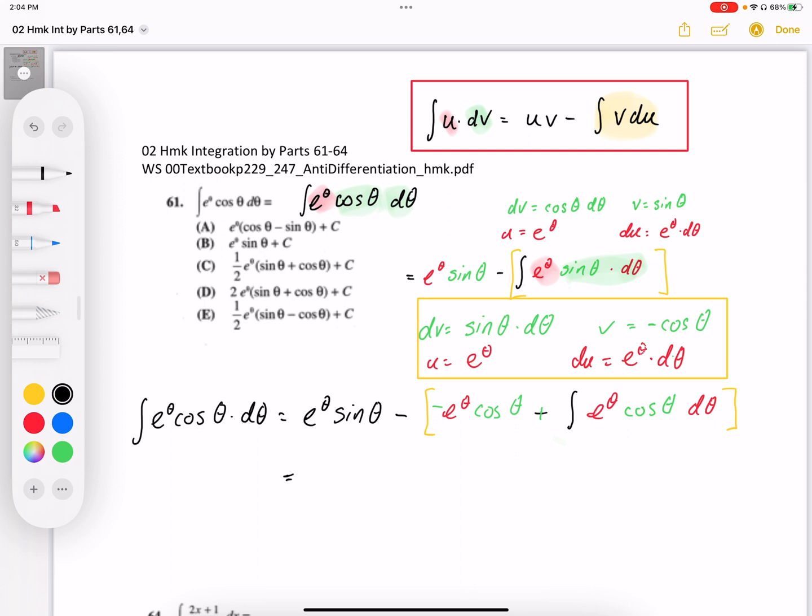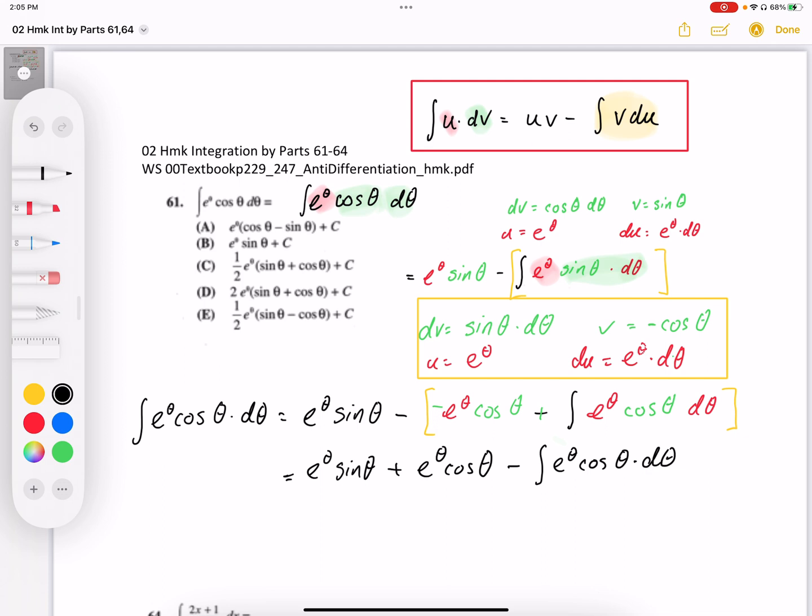I'm going to work out all my signs first. So e^θ sine θ, expand out the brackets of plus e^θ cosine θ minus, okay, so we have a minus plus, so this becomes minus the integral of e^θ cosine θ.